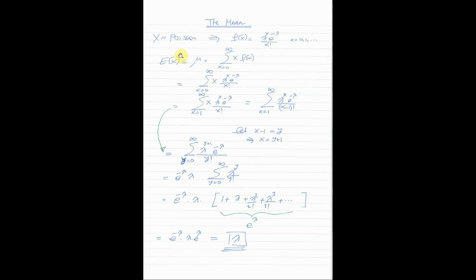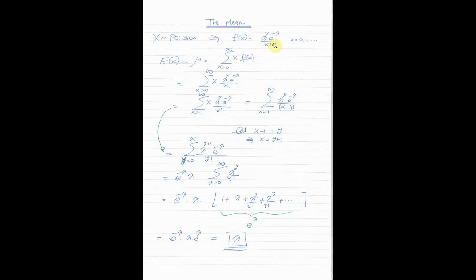From the first principles, if I want to calculate the expected value of x, or mu, it is the summation of x value times its probability. So x times probability plus x times probability and so on over all values of x. So summation from x equal to 0 until infinity of x times f of x. What is f of x for a Poisson distribution?